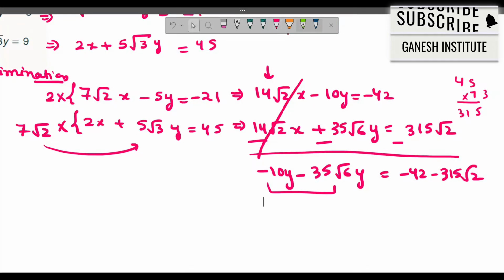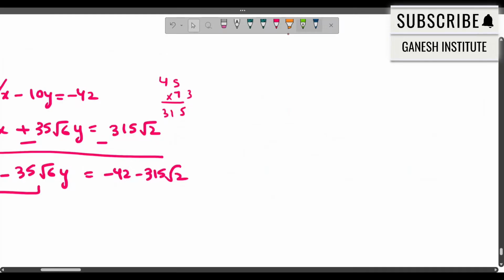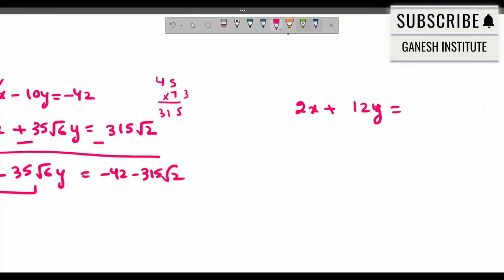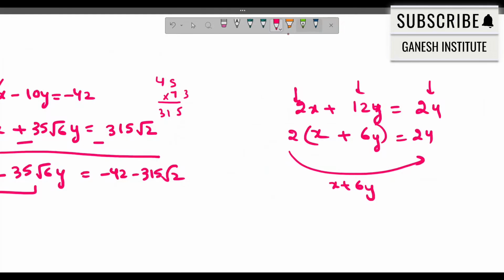How do you know if you should divide with something? I just want to simplify it into the simplest form. So if I have, let's say, 12x plus 12y equals 24, then in order to simplify, otherwise later on I need to multiply something by 24. If I can simplify it here only, taking 12 common, then 2 1s are 2, 2 2s are 4.